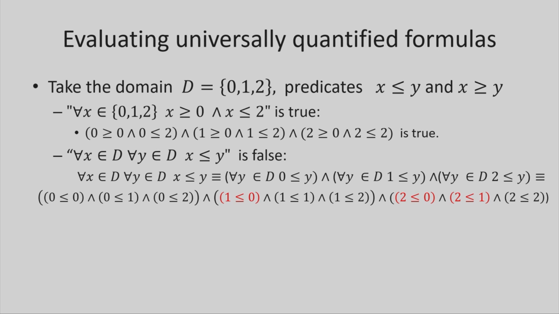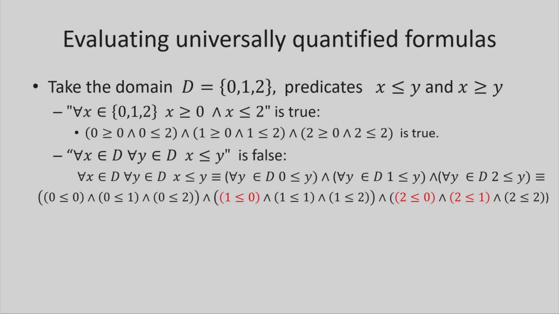So far, so good. But if we do it for the second possible value of y, for y equal to 1, we end up with 1 less than or equal to 0. So wait a moment. Now we got something that is not true anymore, and we put an AND with this thing, so the whole formula will become false.